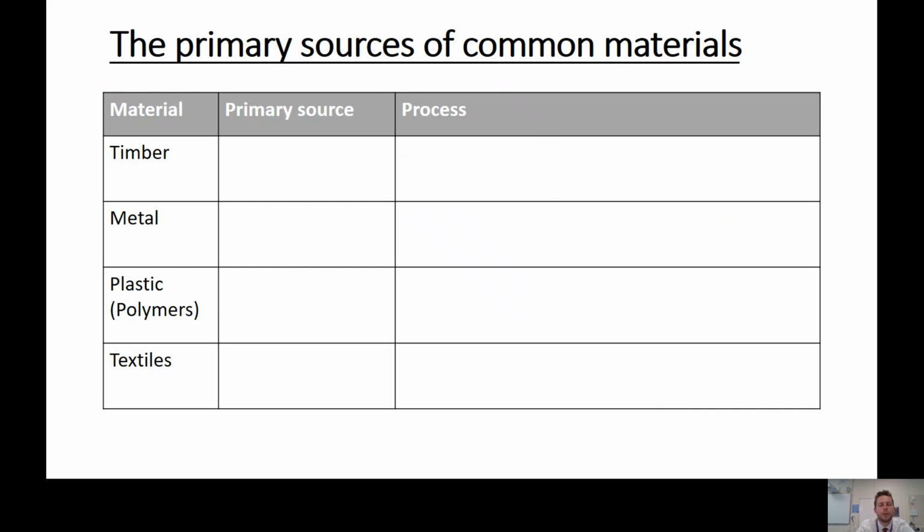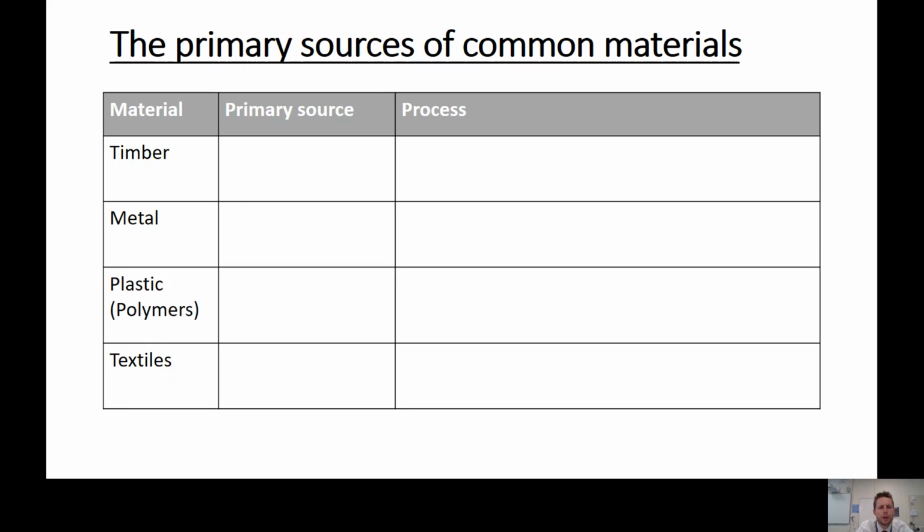Okay, so hopefully you've got the table drawn out in your books or on paper. We're going to look at 4 key materials used in design and technology: timber, metals, plastics, which we know as polymers, and textiles. So the threads from today's lesson are the material, its primary source, so where it comes from and what raw material makes these workable materials, and the process.